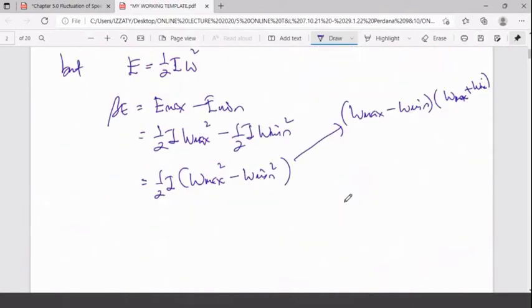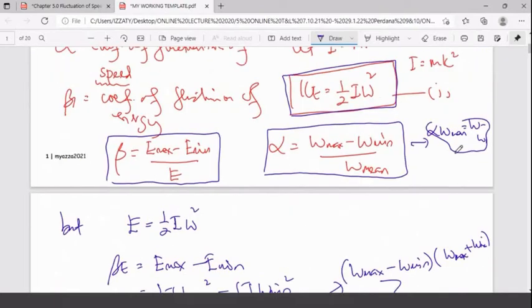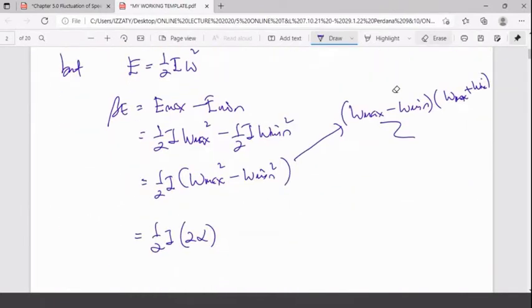If you put the equation in here, you have half I. Oops, it's not 2 alpha, it's alpha.